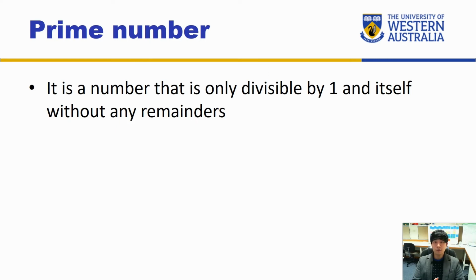If you are not familiar with the term, a prime number is a number that is divisible only by itself or 1, without any remainders. Hopefully that one is straightforward. For example, 13 is a prime number, 17 is also a prime number, 23 is a prime number, and so forth.